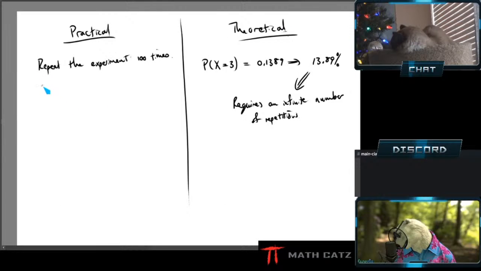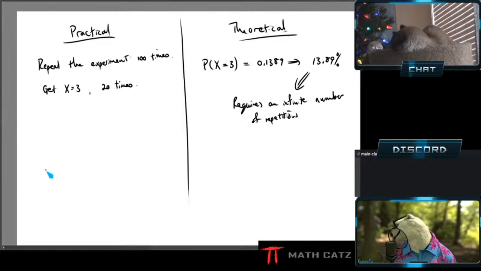So let's suppose we get x equal to 3, let's suppose we get it 20 times. 20 times I got a 3, among other things. Okay? Let's actually have a table here.